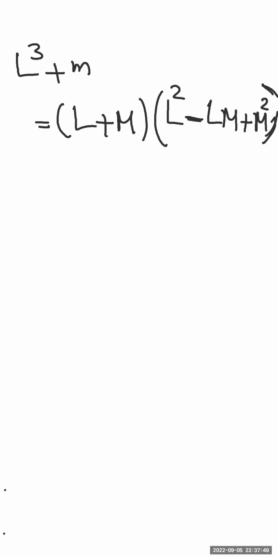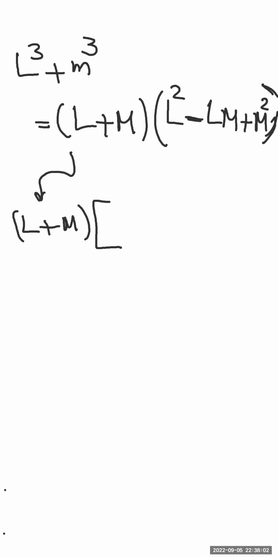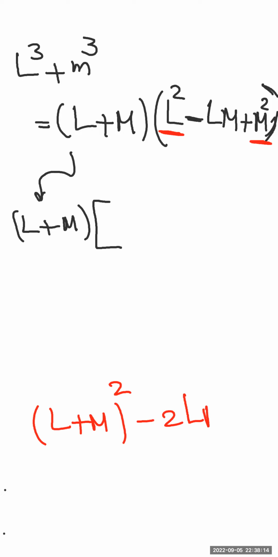This one is power 3. So here, L plus M times L squared plus M squared. L squared plus M squared, we just got it, right? It was L plus M to the power 2 minus 2LM, correct?